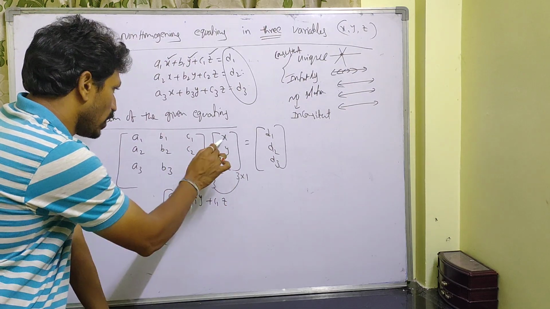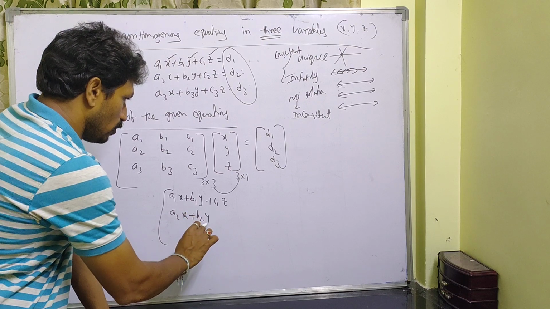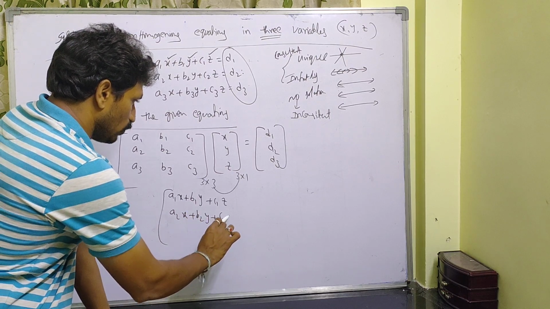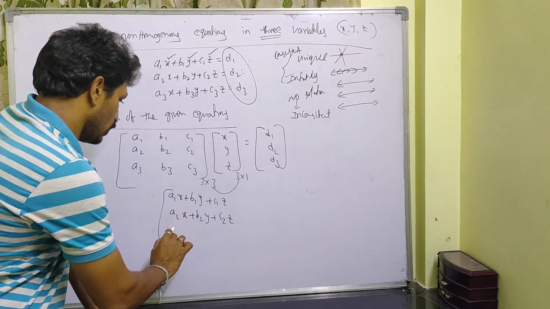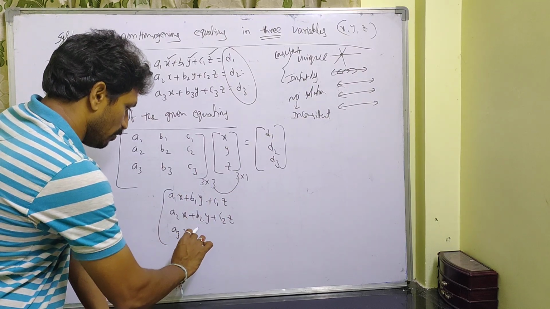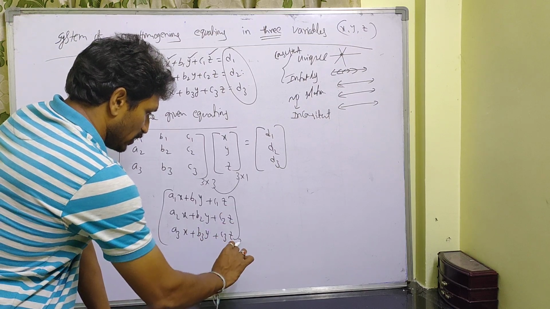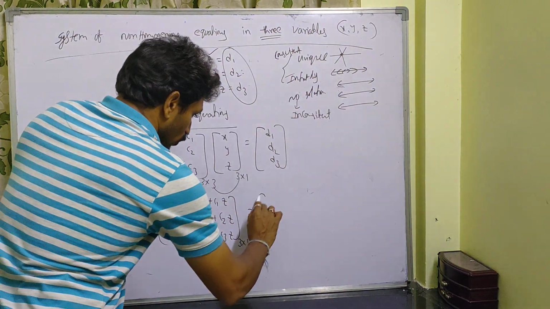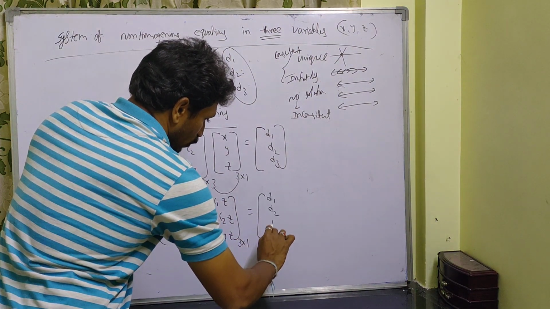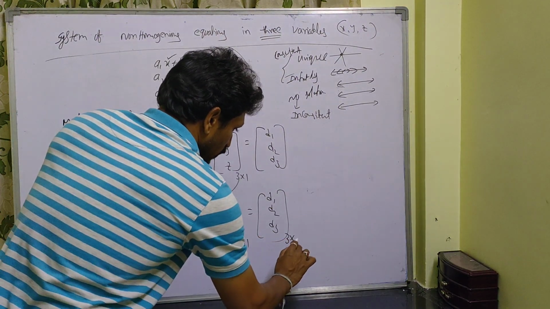Next, a2x plus b2y plus c2z, you know how to do matrix multiplication. Next, third row to first column: a3x plus b3y plus c3z. So this is the matrix of 3 by 1, the column matrix, is equal to D1, D2, D3. So this is also a 3 by 1 matrix.